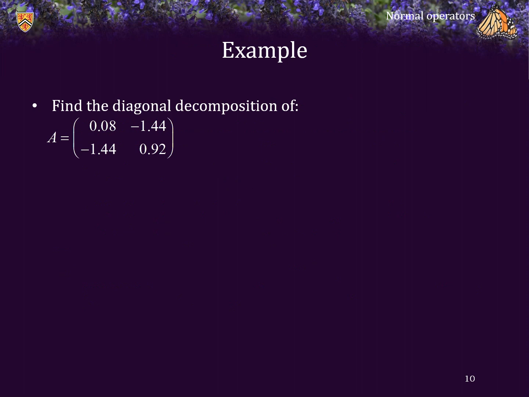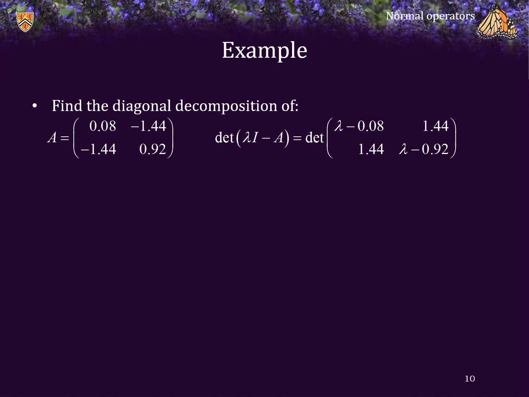So let us calculate the diagonalization of this matrix A. Here the matrix is 0.08, negative 1.44, negative 1.44, 0.92, and it is symmetric. First, we calculate the determinant of lambda I minus this matrix. Now, that for a 2 by 2 matrix is just a product of the diagonal entries minus the product of the off-diagonal entries.